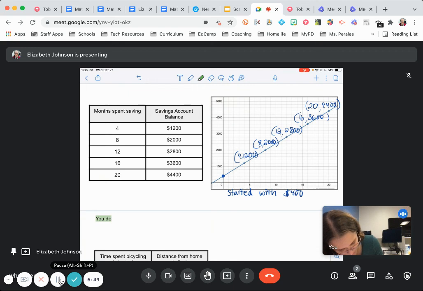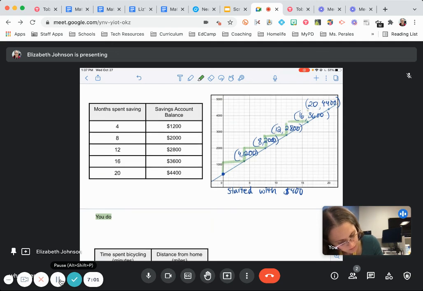Okay, so we went up 800 and over 4. We went up 800 and over 4, up 800 and over 4, all the way across our staircase. So that's where we can see our slope in the graph. And remember, 800 over 4 gave us our slope of 200. We're adding $200 to this account each month.